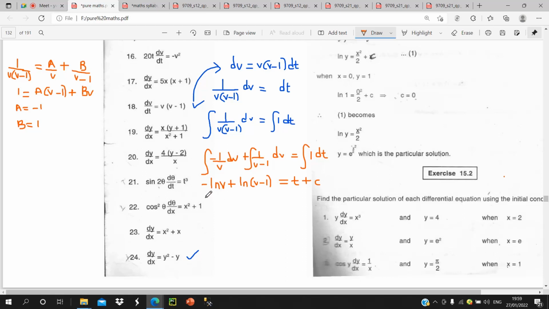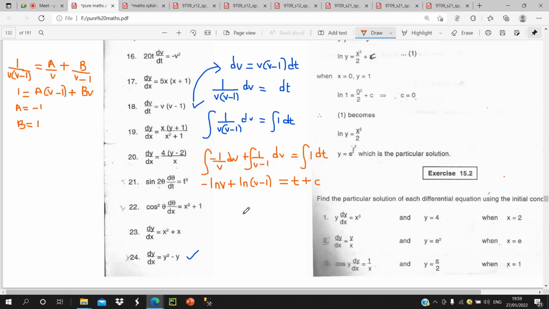Because we can't introduce e here and also introduce e here. So whenever you have two or more terms containing ln function, you have to combine first. To your right, this one will be the same as ln this minus ln this.